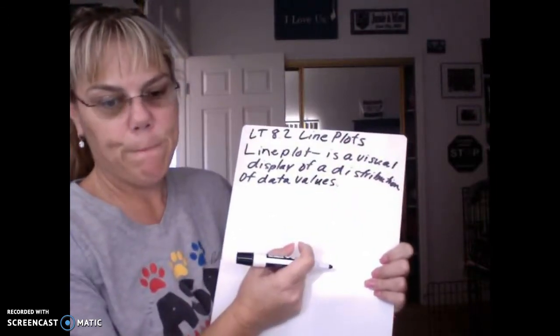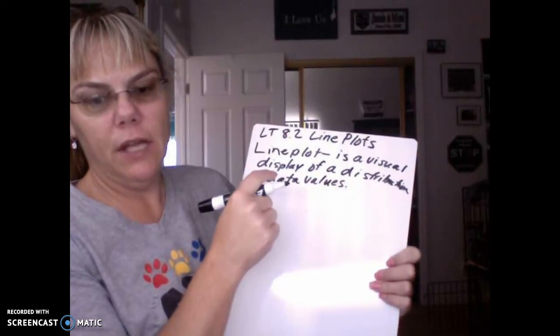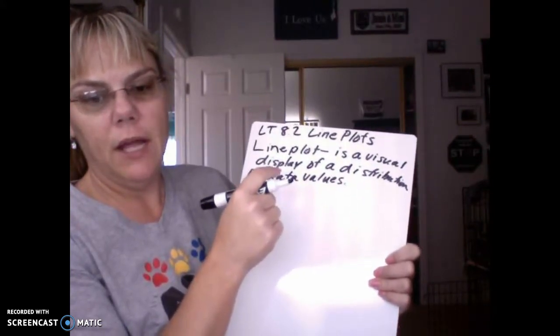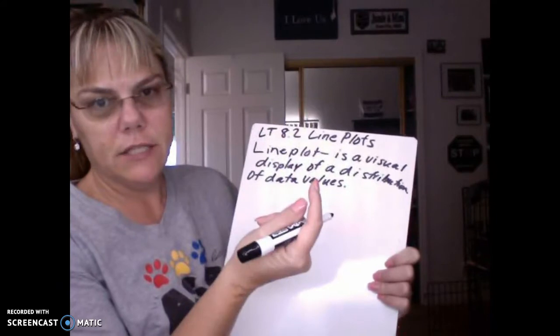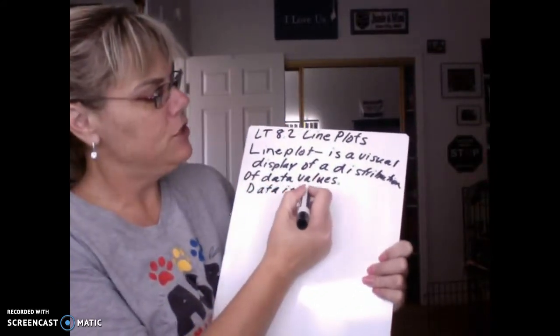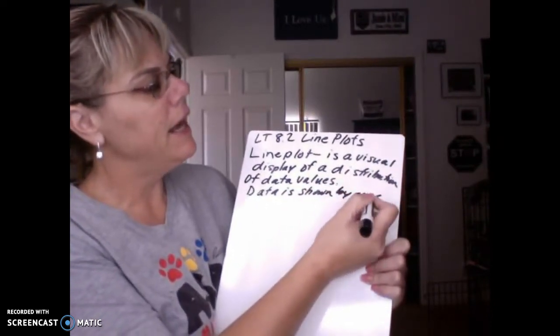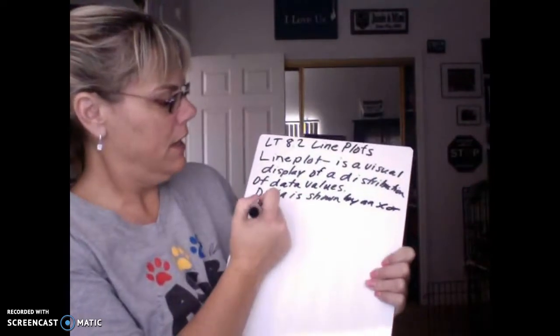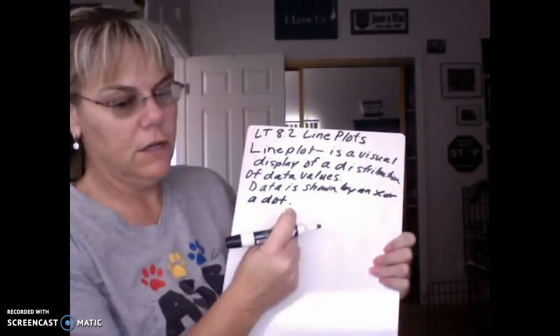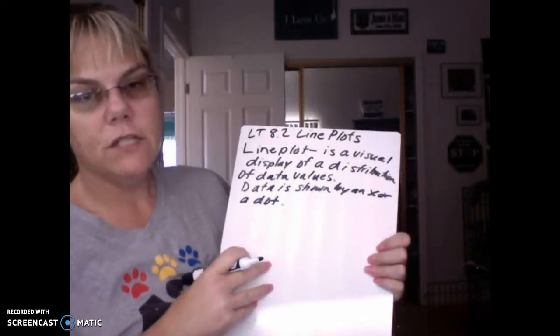Okay? And then each data value is shown by an X or a dot, and it uses a number line.